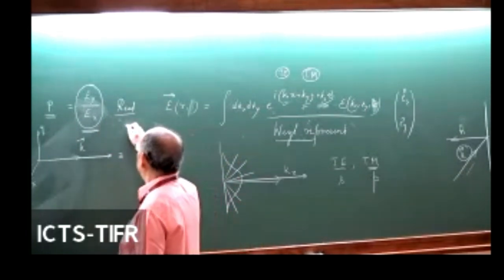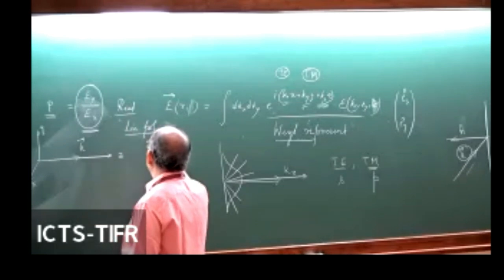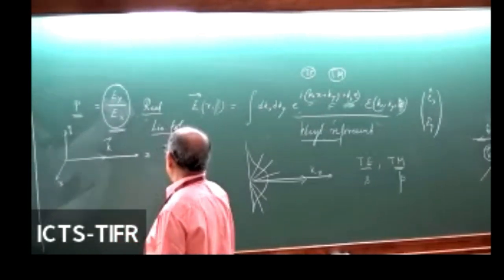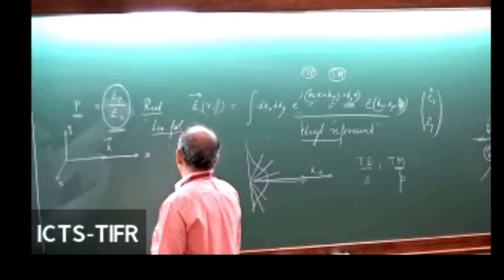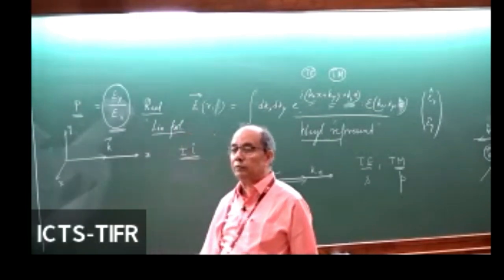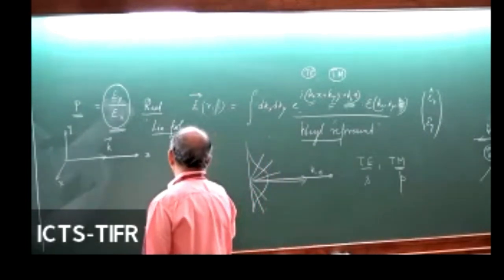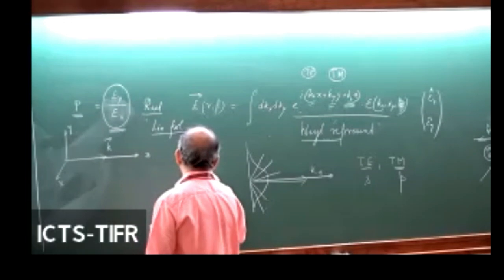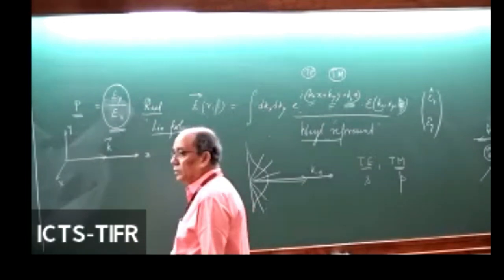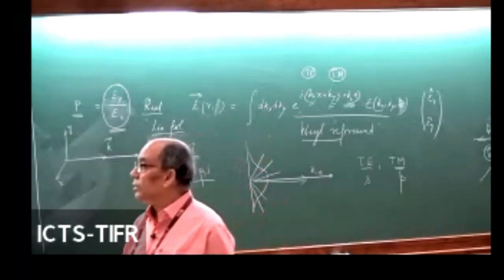In that case you have the so-called linear polarization. If this quantity is complex, plus or minus i, you have circular polarization: in one case right circular, in the other left circular. And if it is any arbitrary complex number, alpha plus beta i, in general you have elliptically polarized light.